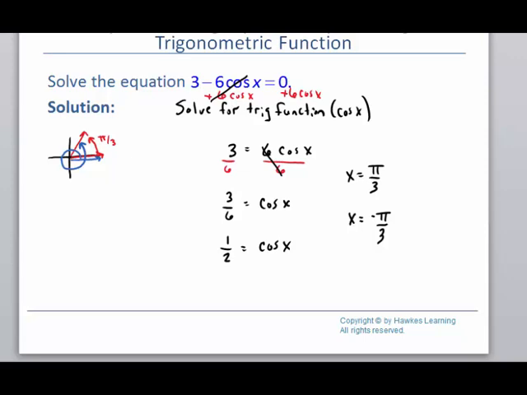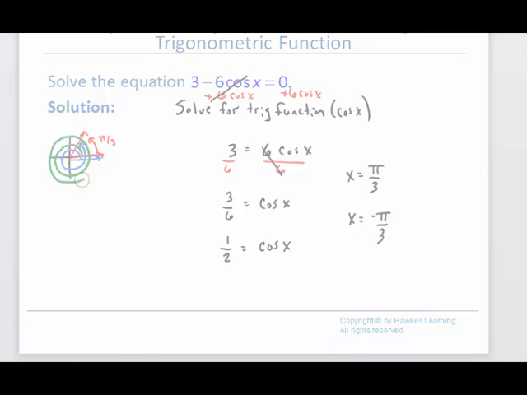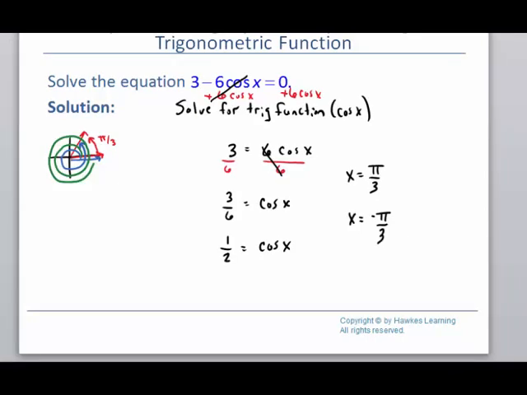And likewise, if I rotate all the way around, and all the way around again, and then come back to that angle, that would also be a solution. And so we can see that there are many solutions to this trig function, not just these two.